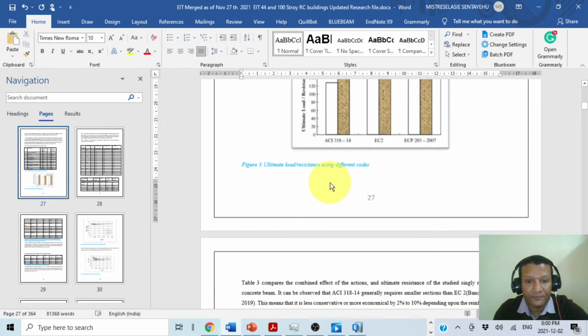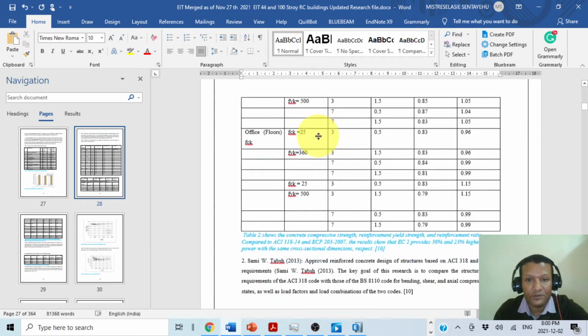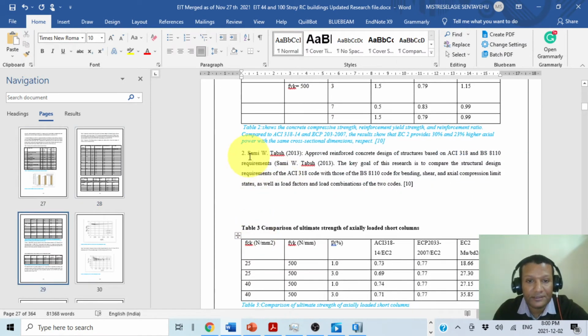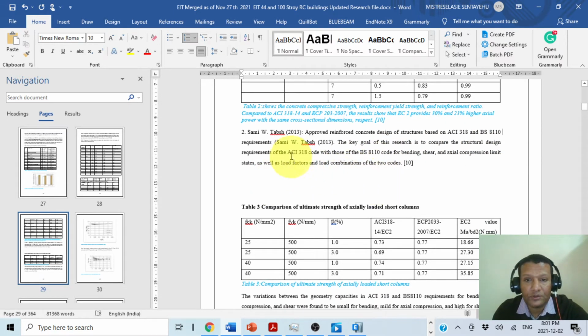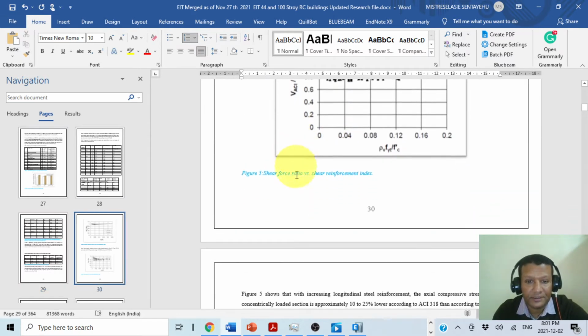And again in the second, this is the result, the output, everything he put. Again, Sami W. Tabash 2003 approved reinforced concrete design of structure based on ACI 318 and BS 8110 requirements. So he also did this comparison, and he also gave his result.